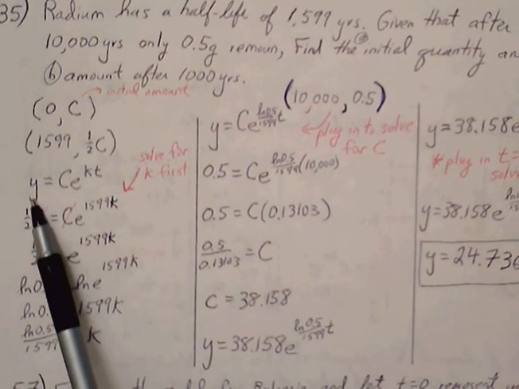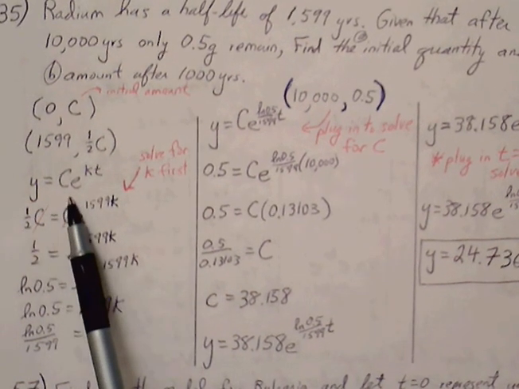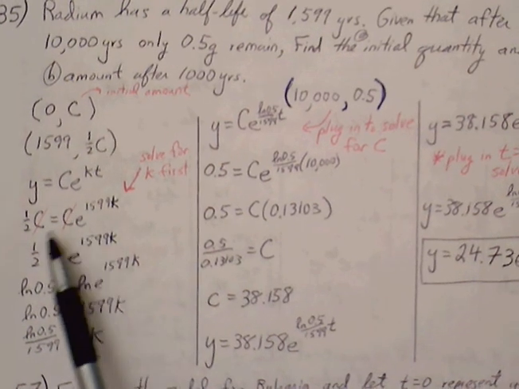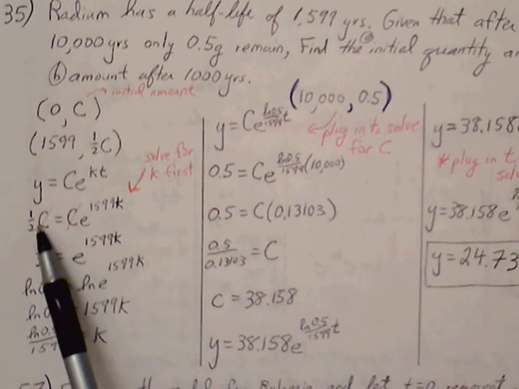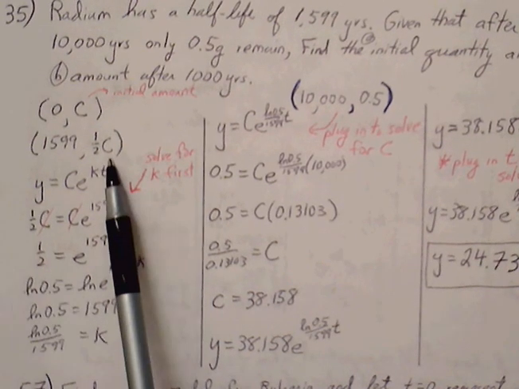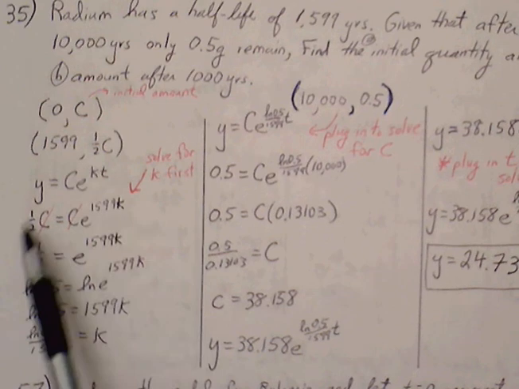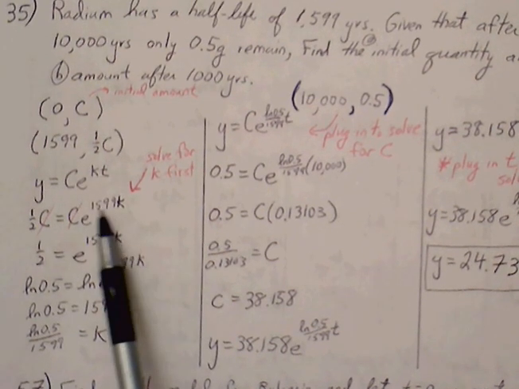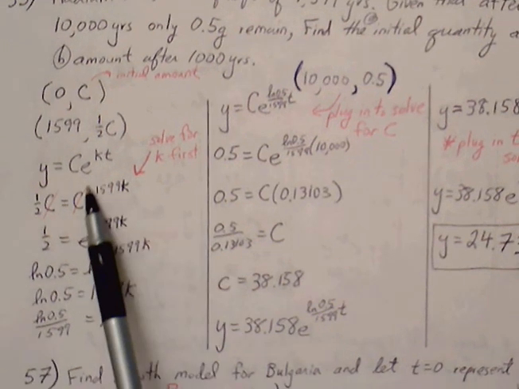Okay, we're going to use the form that we've been seeing from before, y is equal to C e to the kt. Okay, we have a couple of ordered pairs that we can use to solve for k. So replace y with 1/2 C, replace t with 1,599, and the C's will cancel out.